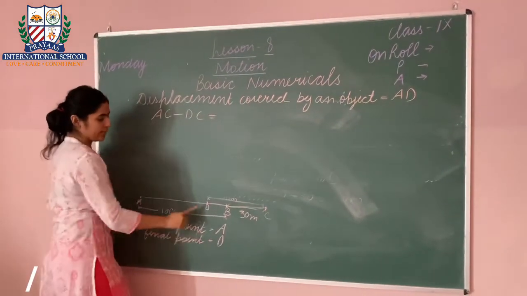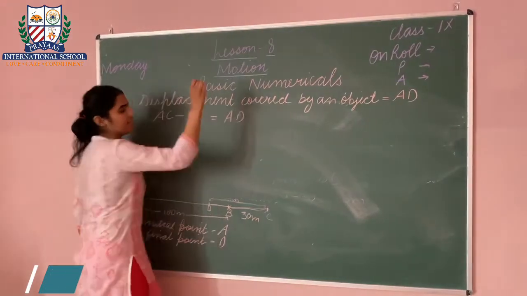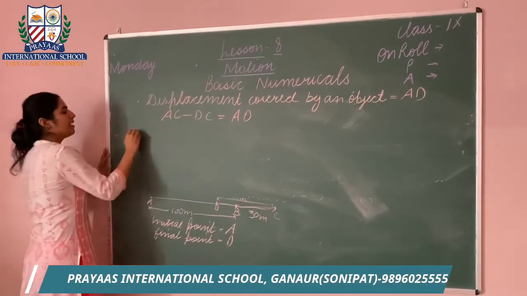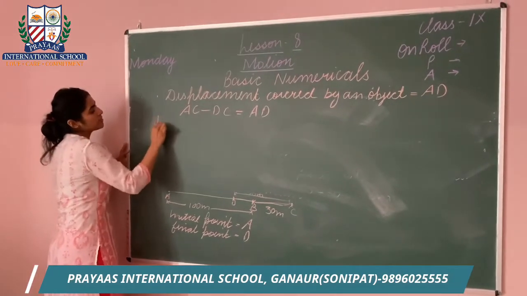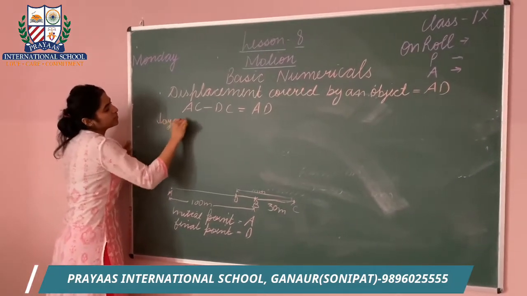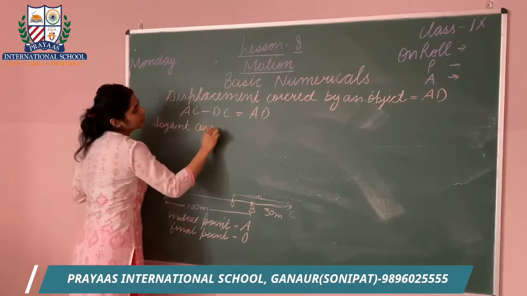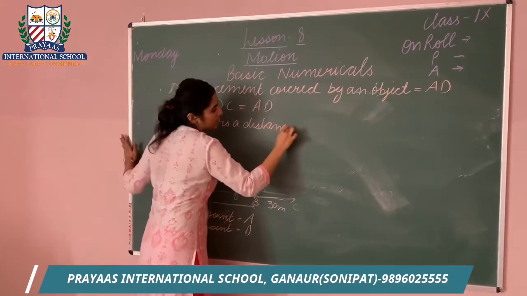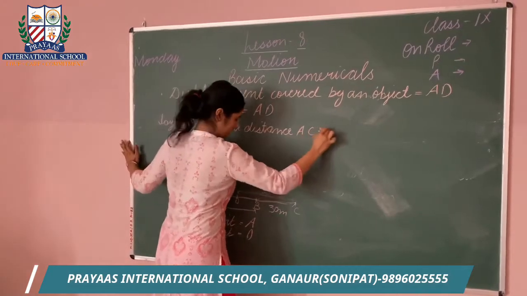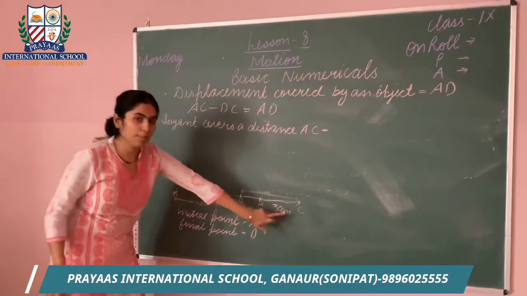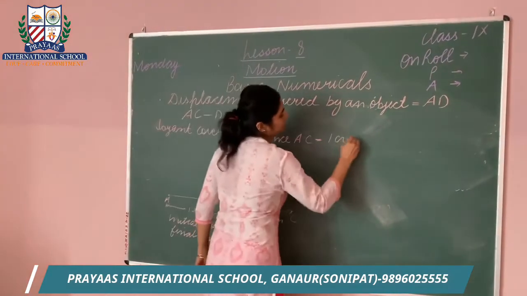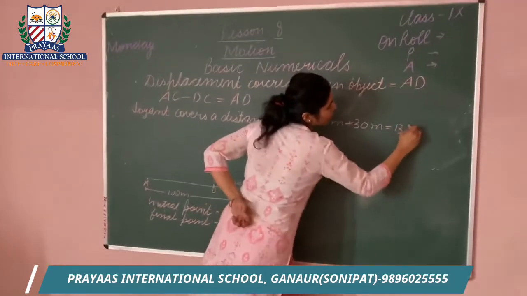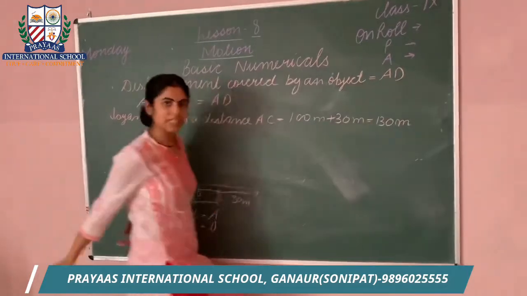Total AC we can calculate easily. Jayant covers a distance AC equal to 100 plus 30, 100 meters plus 30 meters. That will become 130 meters.